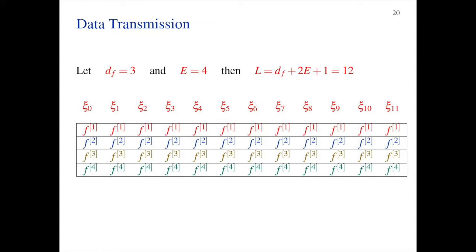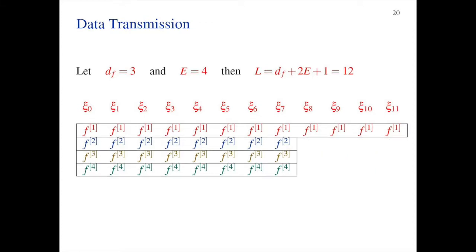What we claim is that if errors occur in bursts, and by burst we just mean that it affects the entire vector, we can reduce the number of evaluations we need, removing them from all but one of the polynomials. So in this example, E is 4, so I should be able to remove 4 evaluations from every Reed-Solomon code, and I should still be able to recover.